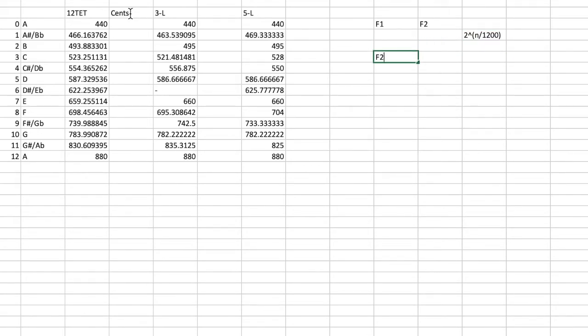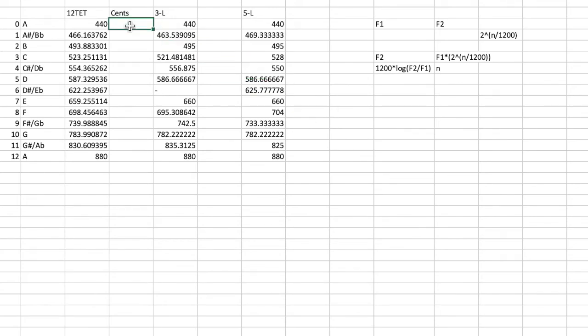F2 equals F1 times 2 to the n over 1200, so F2 over F1 equals that. Let's put that into a log. And now we have n over 1200. Let's take 1200 times this, and that should give us n in cents.